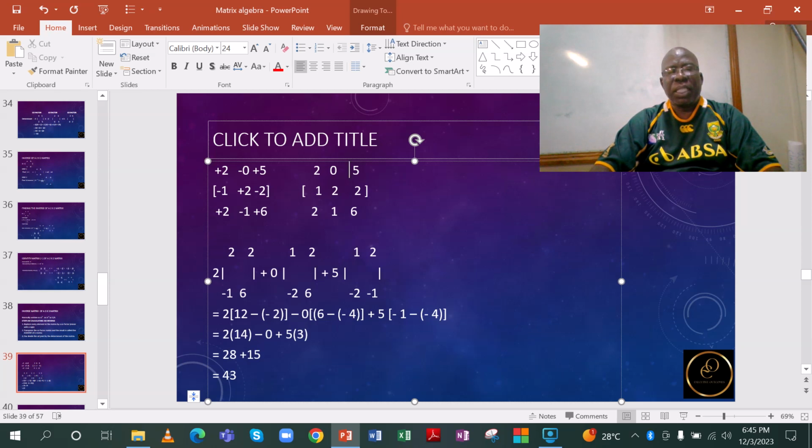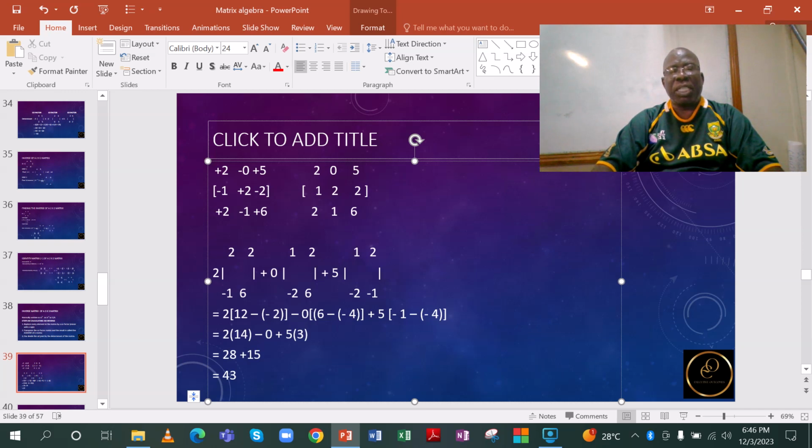This 2 is in the third row, first column, so 3 plus 1 is equal to 4, that's why it's given a positive sign. 1 is found in the third row, second column, so 3 plus 2 is 5, an odd number, that's why it's given negative 1. Then 6 is found in the third row, third column. 3 plus 3 is 6, that's why it's given a positive sign.